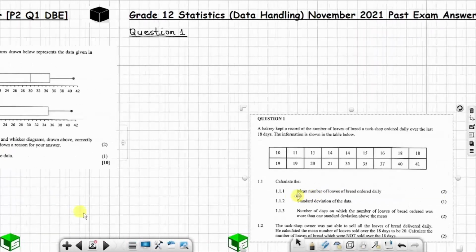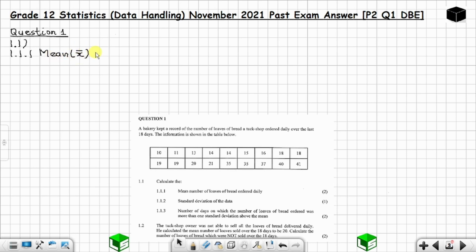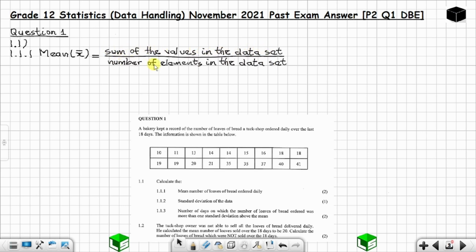So we need to calculate the mean of this information. The mean is represented with X bar. What is the mean? The mean is equal to the sum of the values in the data set over the number of elements in the data set. You can calculate the mean using this formula.